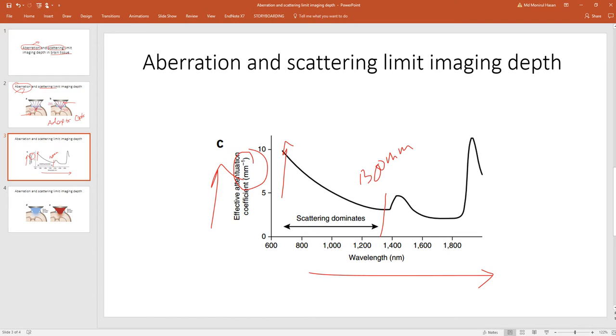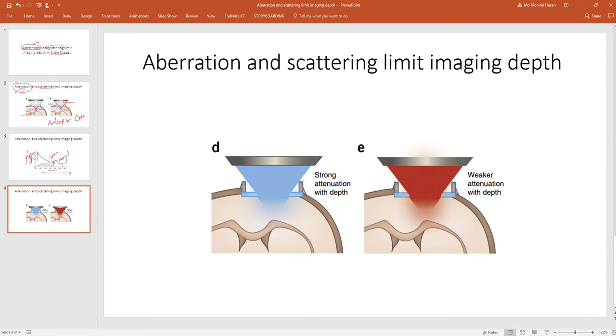And also another window is around here, around 1700 nanometer, and also here the attenuation coefficient also low. So these are the two effective windows we can use to image in depth. So here are two examples.